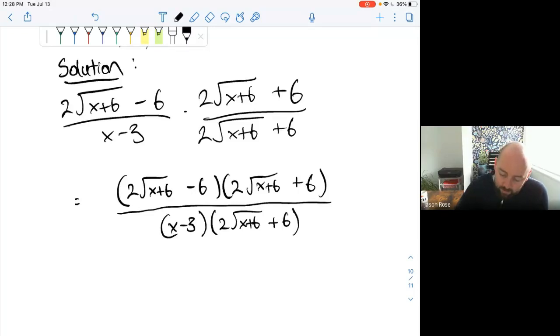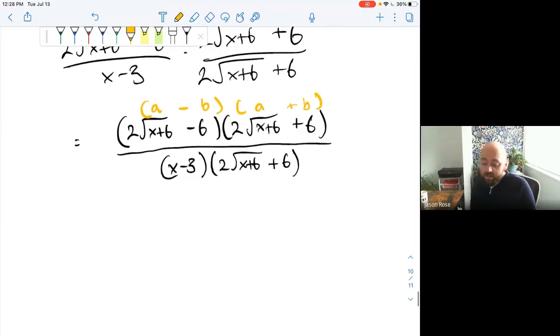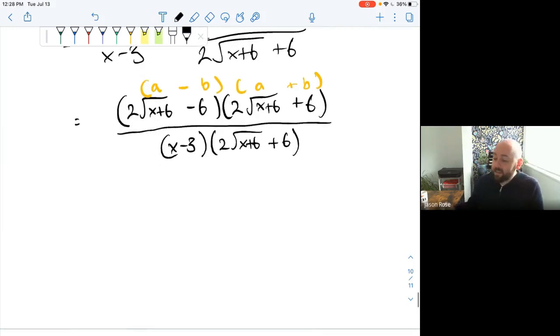Okay, so again, I'm going to take that shortcut. I have what looks like an a minus b times an a plus b. You know what happens when we multiply a minus b times a plus b? We covered this not yesterday, last week in the difference of squares formula. It's a squared minus b squared.